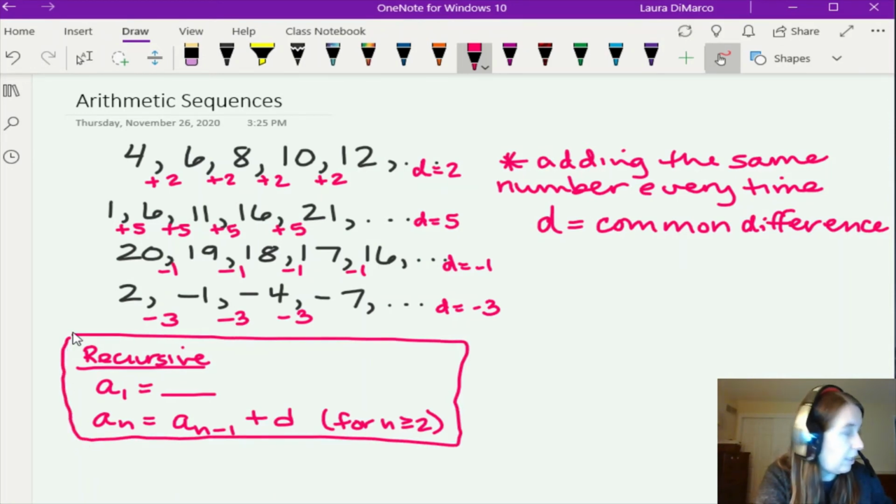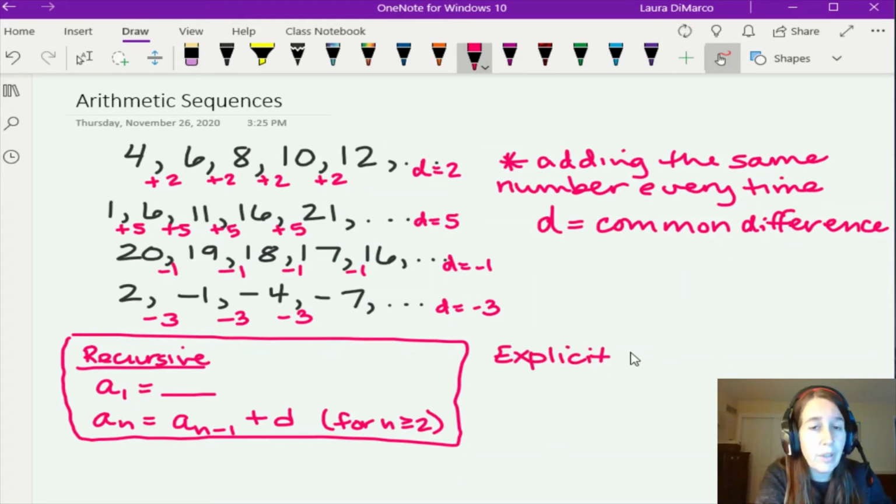And the explicit formula, explicit means that it's a general formula that as long as we know n, we can find a term. So the explicit formula is going to be a sub n is equal to a sub 1 plus d times n minus 1.